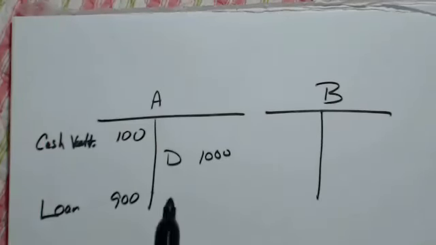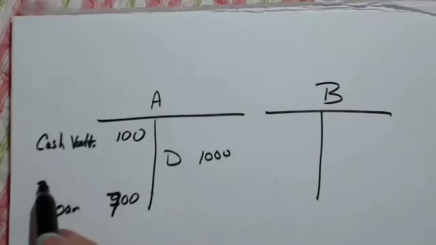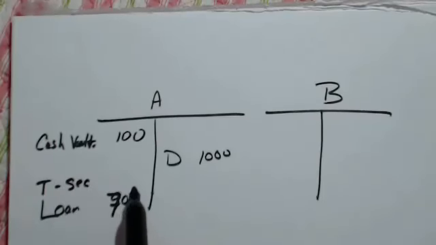Now, that doesn't always happen. They may not have the ability to lend out $900 in the market that they serve. So it could be that this is only $700, right? So they lend out $700 and they invest in treasury securities which earn a rate of interest of $200. So let's assume that that's what's happening here.